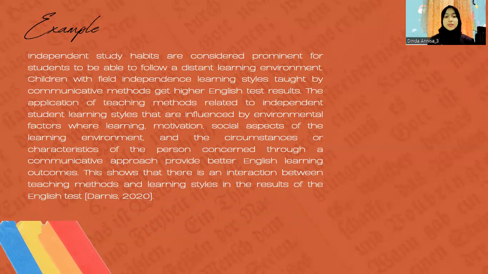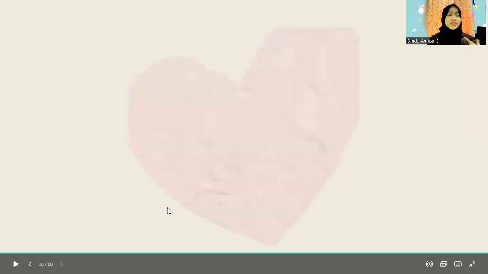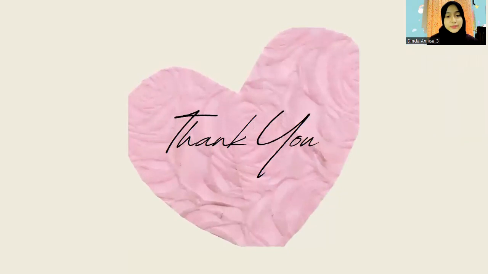The application of teaching methods related to the independent student learning style that are influenced by environmental factors, such as learning motivation, social aspects of the learning environment, and the circumstances of the characteristics of the person concerned, through a communicative approach provides better English learning outcomes. And this shows that there is an interaction between teaching method and learning style in the results of the English test, according to Dennis 2020. Okay, that's all for the example of the synthesis.